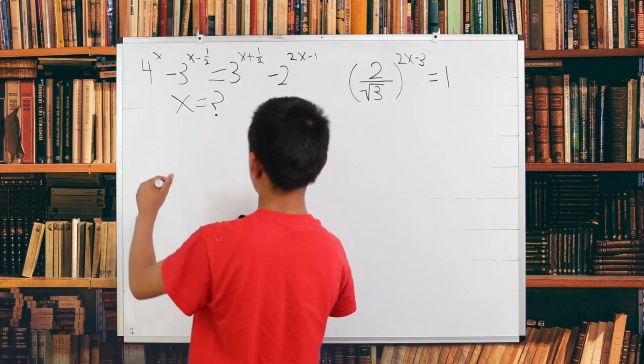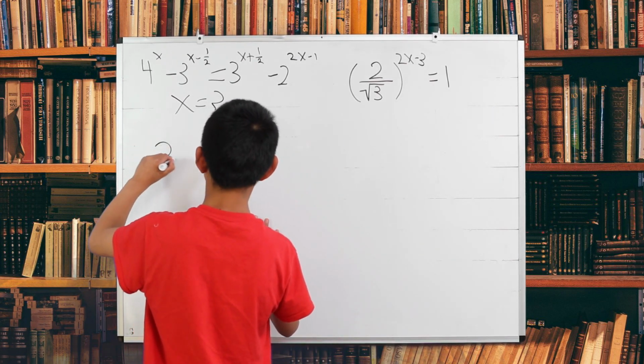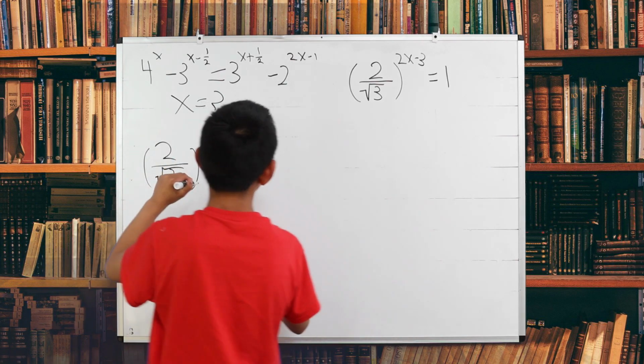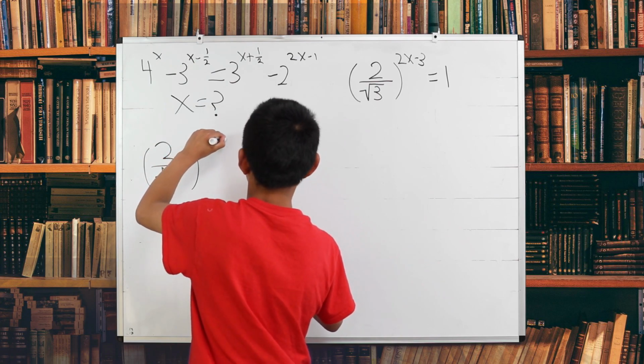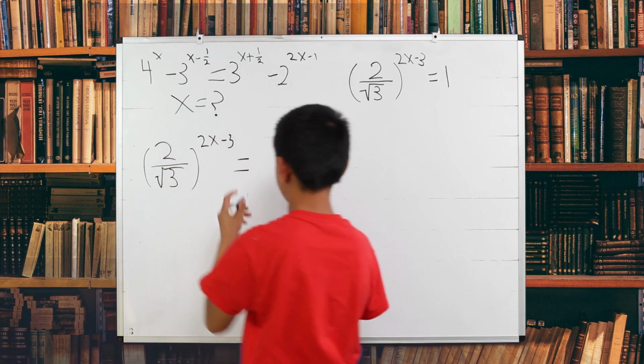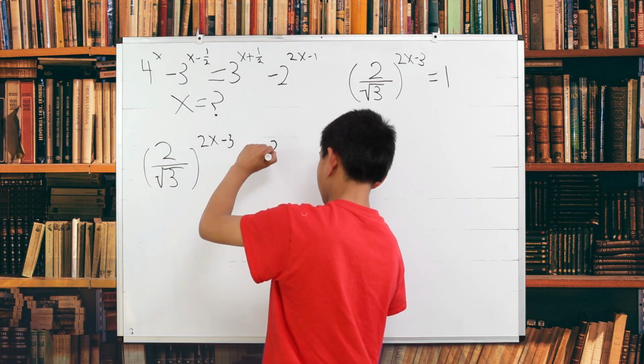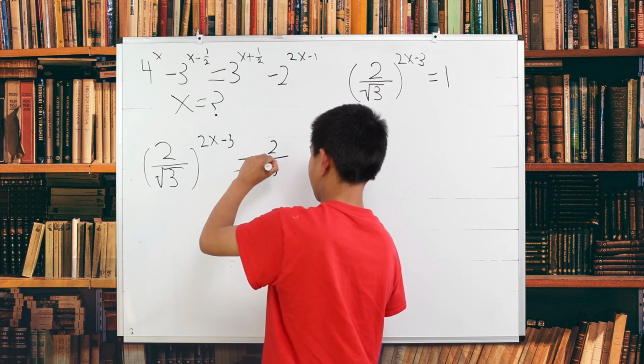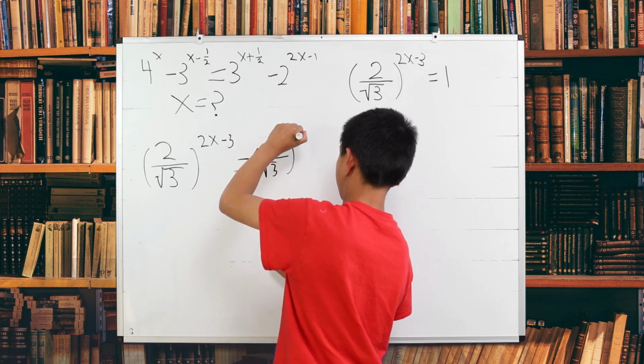This left-hand side is still going to be 2 over the square root of 3 to the power of 2x minus 3. This is equal to 2 over the square root of 3 to the power of 0.